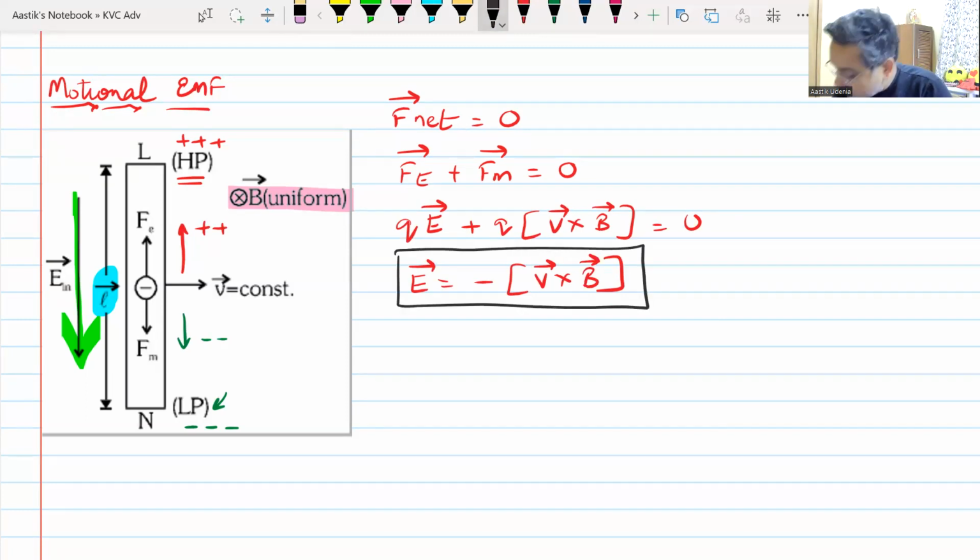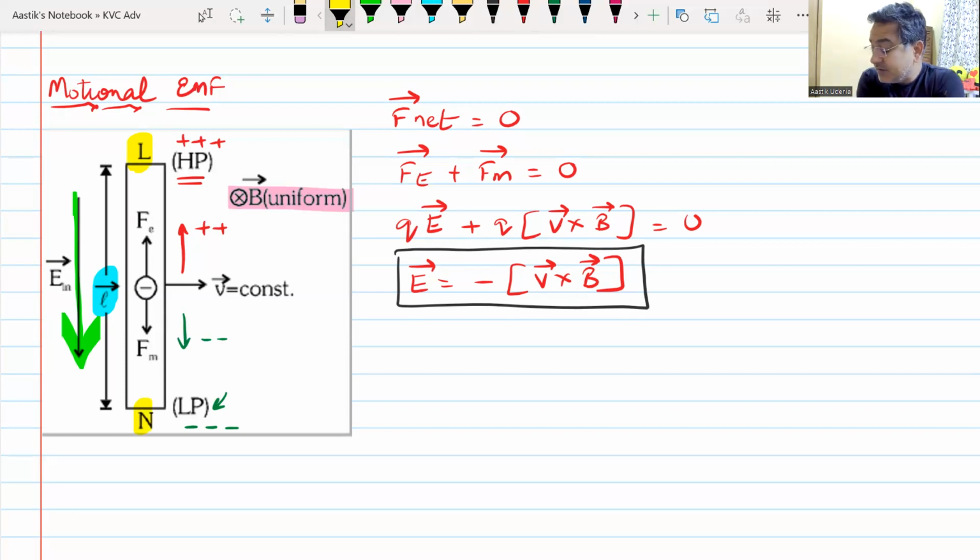Yes, sir. Now, because of this electric field, a potential difference would be established between the points L and N. Do we understand this? Yes, sir.